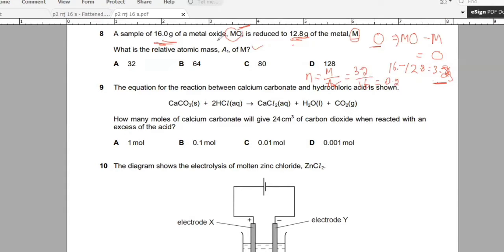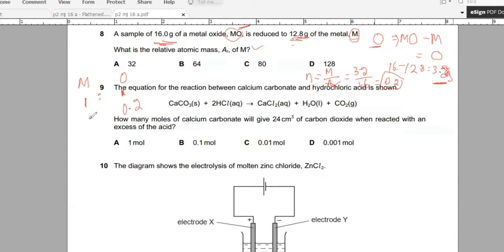Make sure that MO is there. That means the metal M and oxygen have an equal mole ratio, 1:1. So we got the moles of oxygen as 0.2.